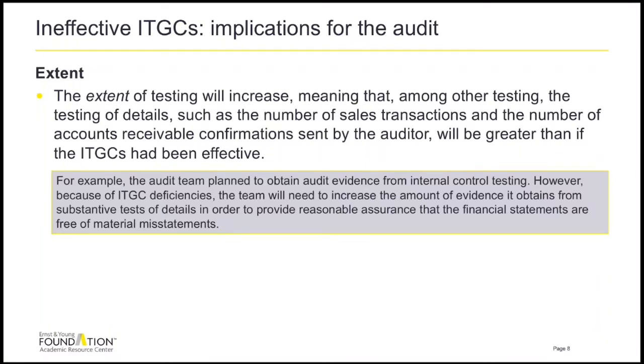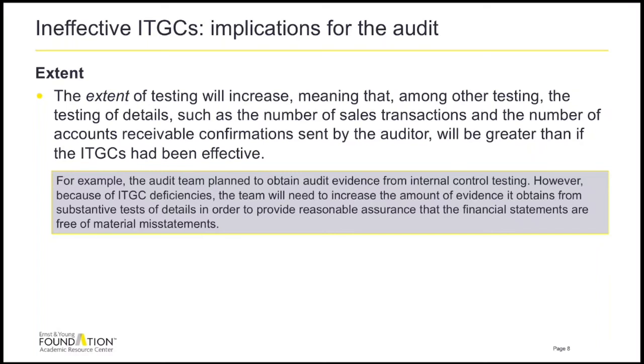The extent of testing will increase, meaning that among other testing, the testing of details, such as the number of sales transactions and the number of accounts receivable confirmations sent by the auditor, will be greater than if the ITGCs had been effective.